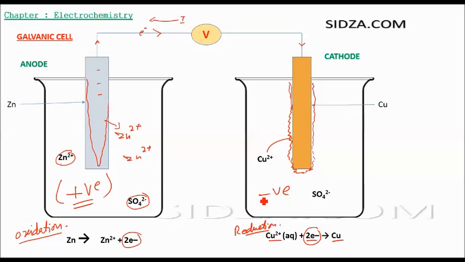Due to the positive charge here in the zinc solution and the negative charge in the copper sulfate solution, this positive charge here will pull the electrons and will not allow them to flow to the cathode.